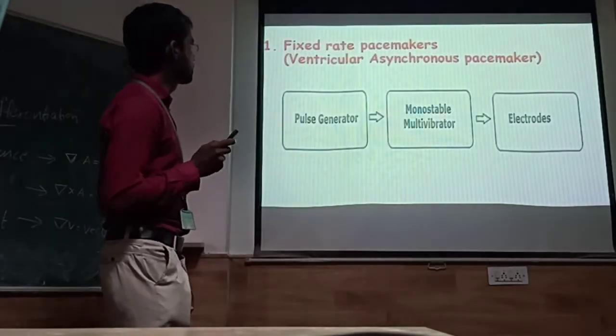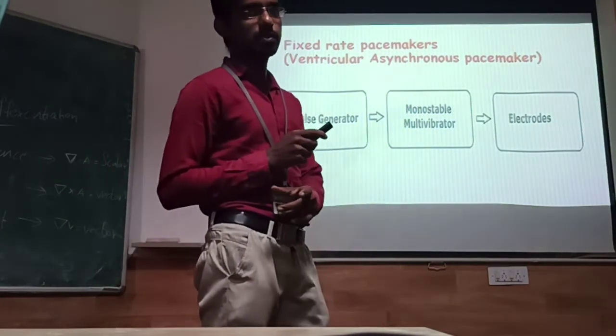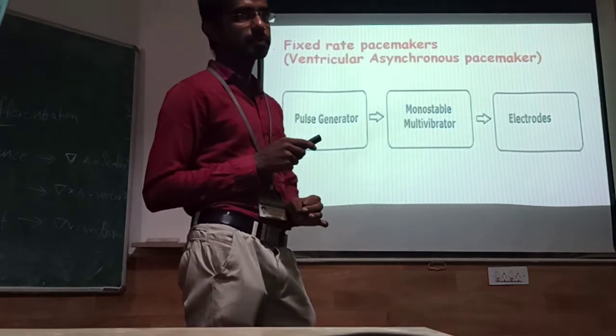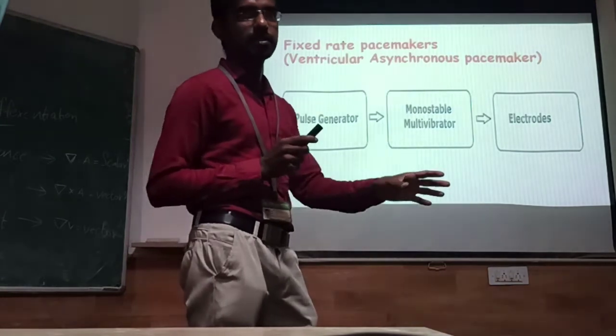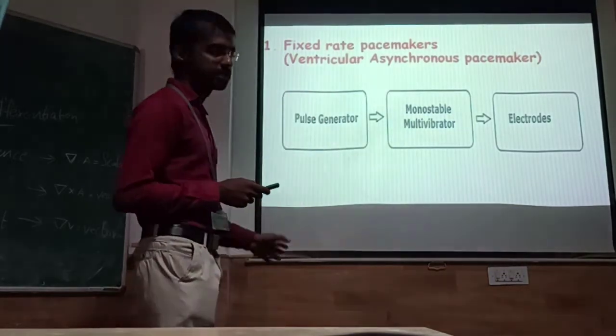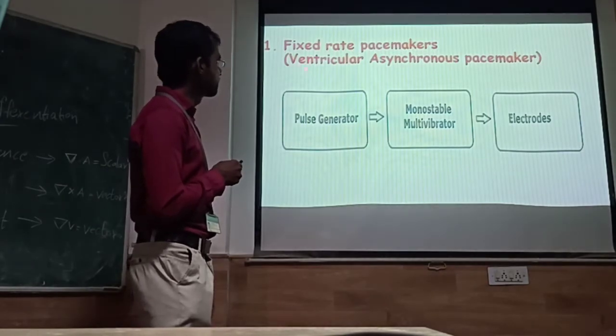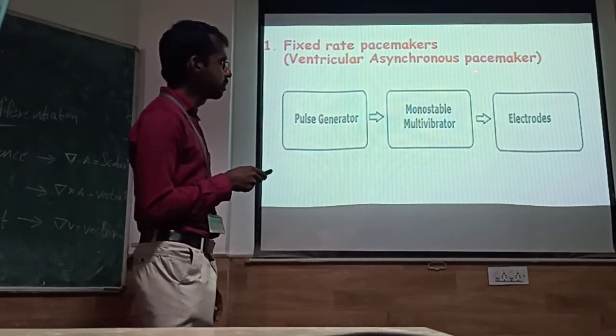Going to the first, the fixed rate pacemaker. What do you understand from this? The rate of pulse delivered is constant. It doesn't depend upon any other parameter. This fixed rate pacemaker is also called a ventricular asynchronous pacemaker.